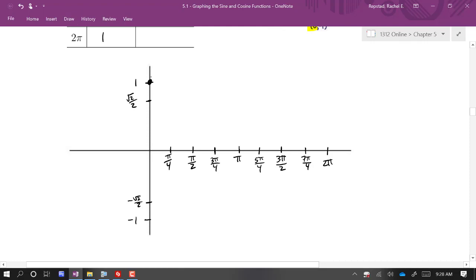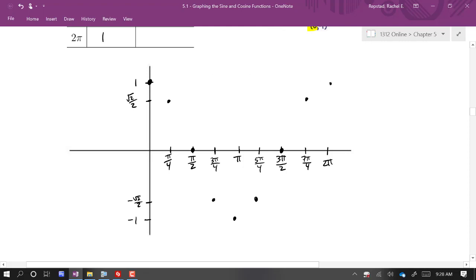At pi over 4, we're at root 2 over 2. At pi over 2, we're at 0. 3 pi over 4, we're at negative root 2 over 2. At pi, we're down at -1. 5 pi over 4, negative root 2 over 2. At 3 pi over 2, we're back to 0. At 7 pi over 4, back up at positive root 2 over 2, and at 2 pi, we're back up at 1.